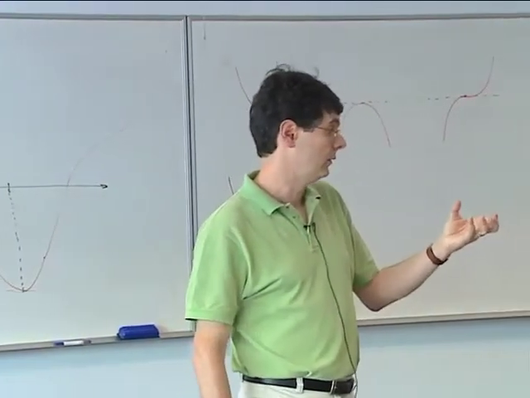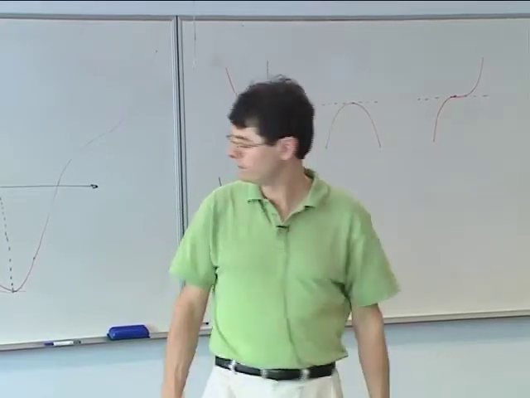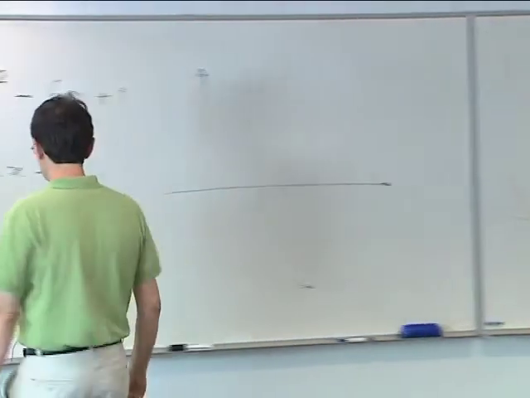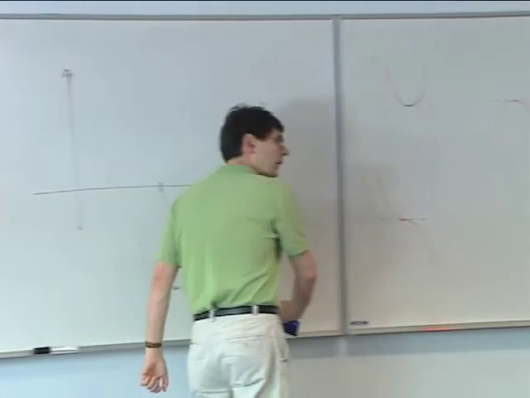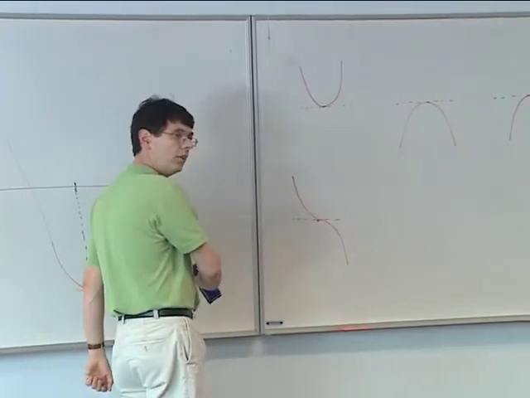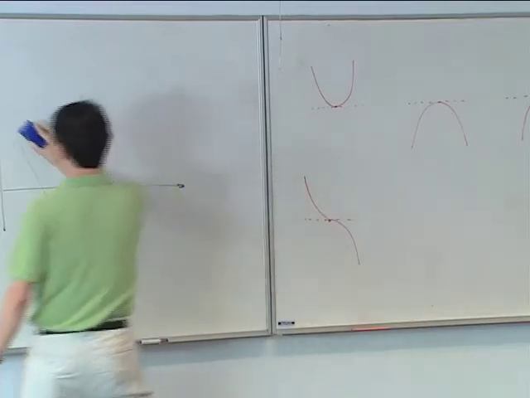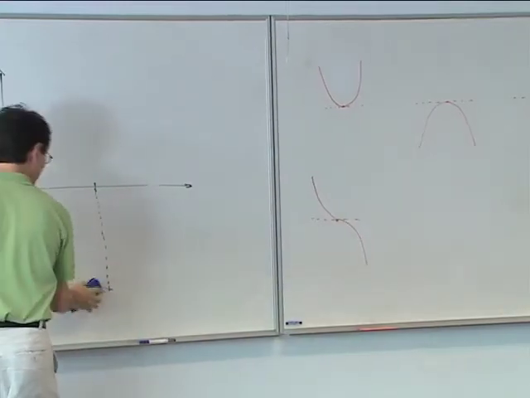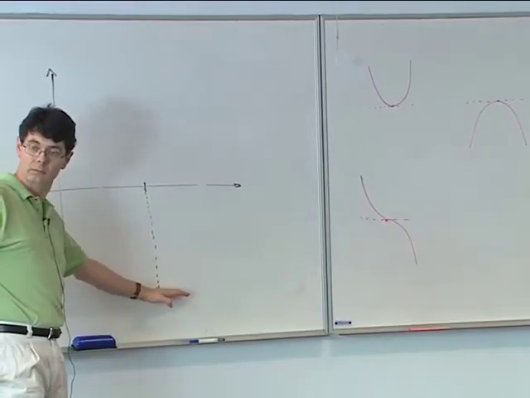But there are ways using the derivative to do that. I'll just say one thing. X equals 3 is the only spot where the derivative is 0, right? It's the only spot where you have slope that's horizontal.